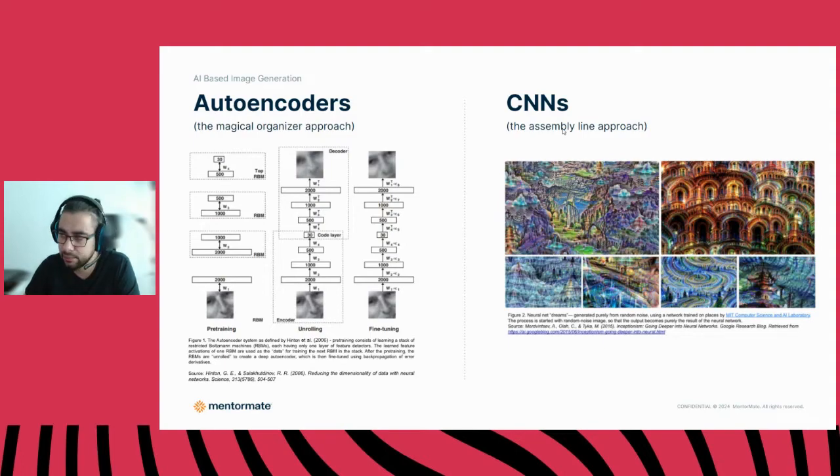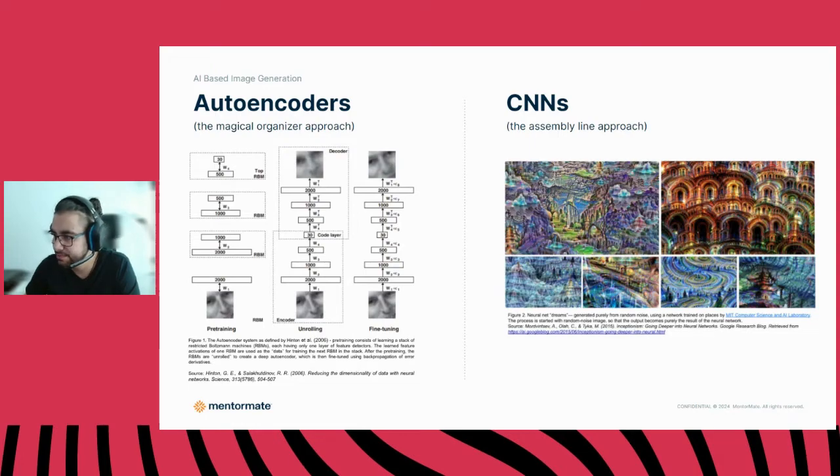CNN, the abbreviation, stands for convolutional neural networks. And this is an image of a paper from 2015. And those of you who have been following the field might remember that in 2015 there was a big discussion on the so-called deep dreams, AI dreams.